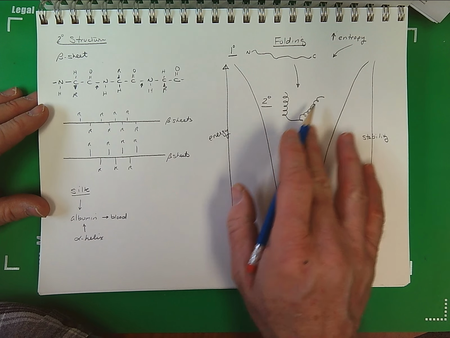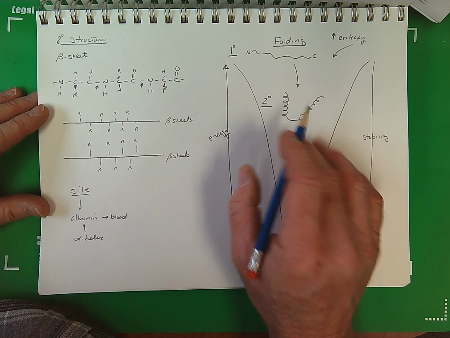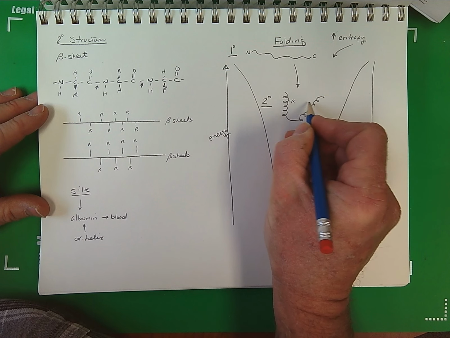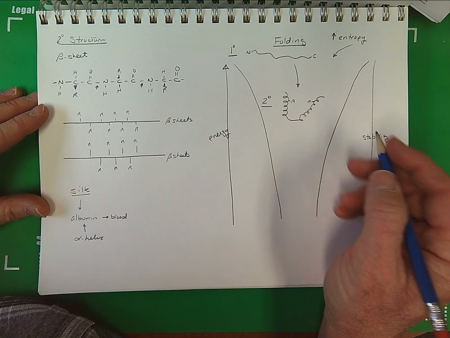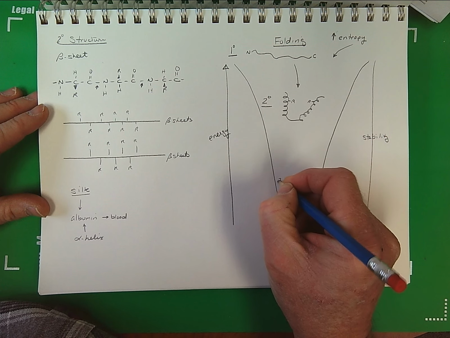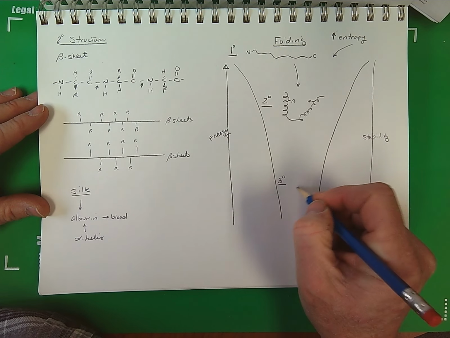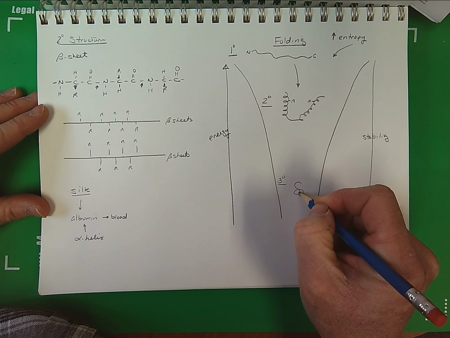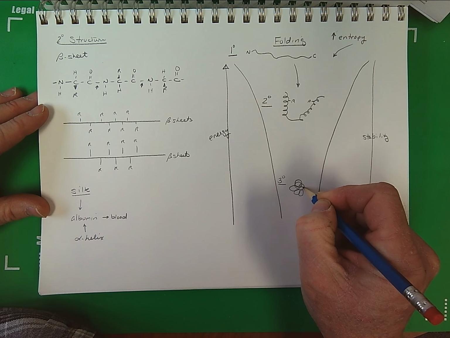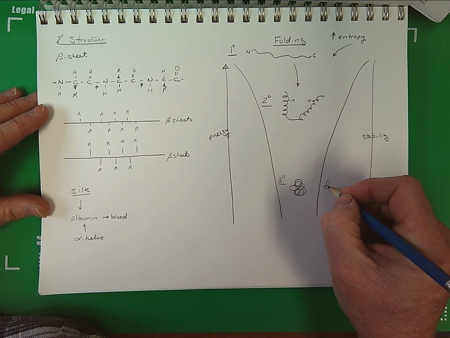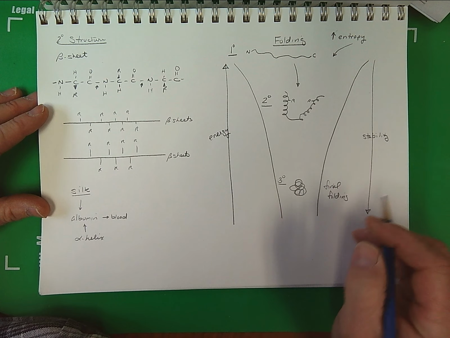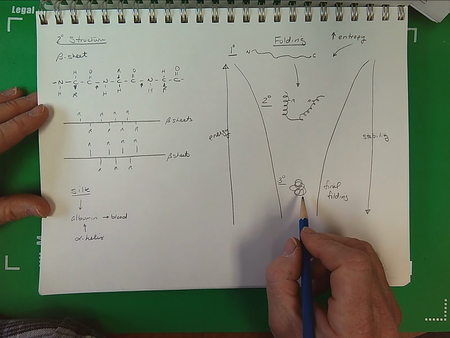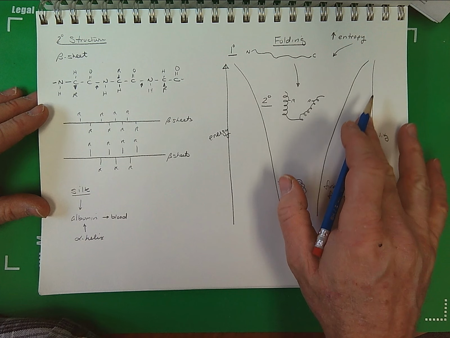Now, these alpha helices, for example, will sample each other looking for R chain interactions that will increase bond strength in the structure, and eventually we will reach tertiary structure, which is the final folding structure of the protein. This will be the most stable form.